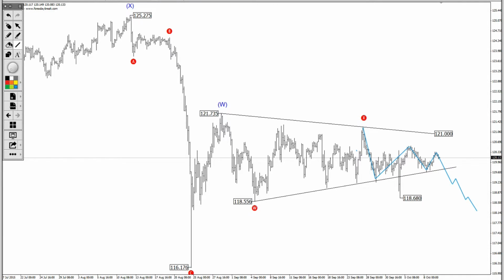So W right here, and this would make an X wave right around 118 levels to complete this whole WXY correction. Then I'm expecting next move to be a Y wave to the upside and to complete this part, one larger part of the correction. So a decline before more upside in dollar yen, in my opinion.